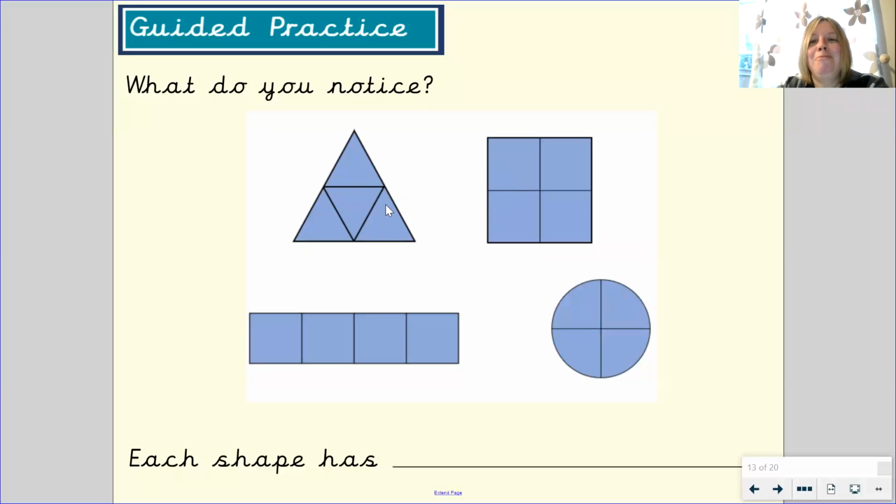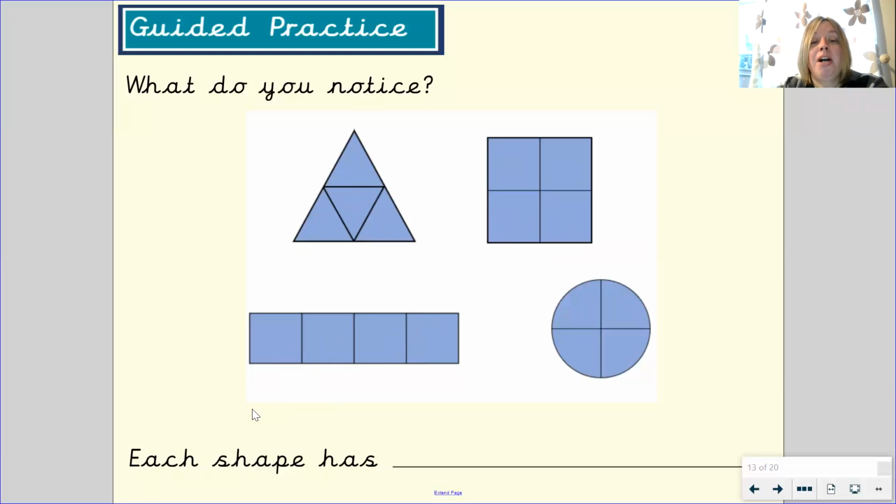4 equal parts. Let's do our square now. How many equal parts does the square have? 1, 2, 3, 4. So the square has 4 equal parts. How many equal parts does the rectangle have? Count with me. 1, 2, 3, 4.